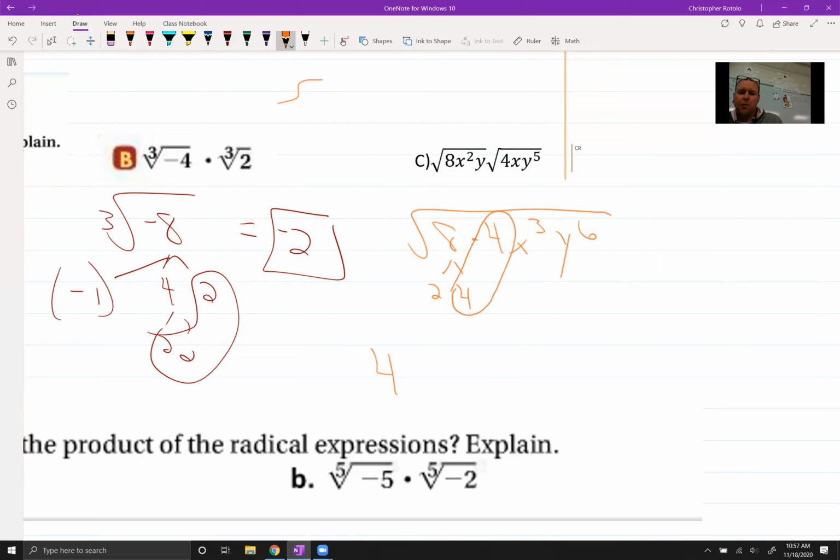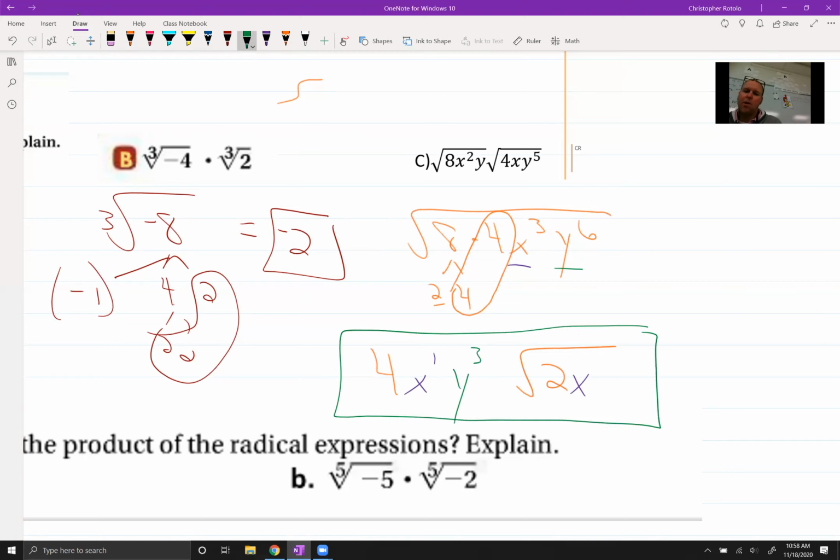So I know it's going to be 4. I'm going to leave some space for x's and y's, and square root 2, because the 2 was left over. If I have x to the 3rd, that means I have one pair with one left over. And if I have y to the 6th, I have 3 pairs, and there are none left over. So that's what we're going to deal with as we break that down.